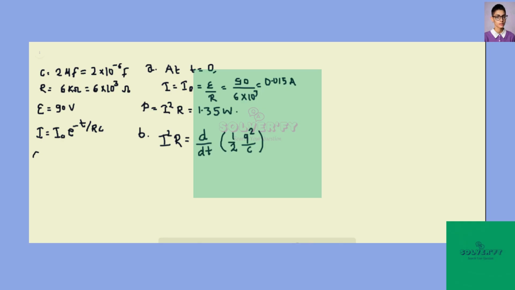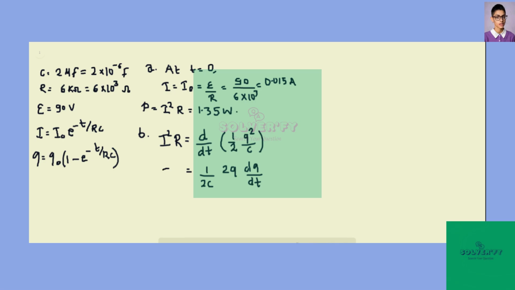Where the charge also varies exponentially and is given as q equals q naught times 1 minus e to the power minus t by RC, where q naught is the full charge of the capacitor when it is full. Now if you differentiate this, 1 by 2C is constant, so I take this out, then q squared has derivative 2q, and we are left with dq by dt, right?